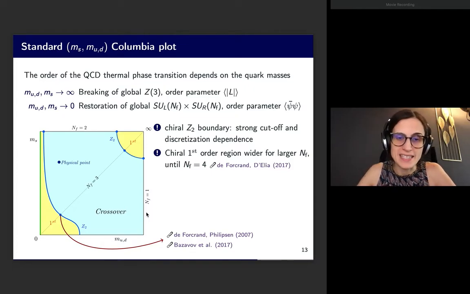So we have chiral Z2 boundaries, which are the blue lines that are separating first order regions from a big crossover region. What is happening? It is happening that we have reasons to believe that the transition is first order, both in the pure Yang-Mills theory, also according to the famous Svetitsky-Yaffe conjecture, and in the chiral limit of the 3 flavors, based on an analysis by Pisarski and Wilczek.